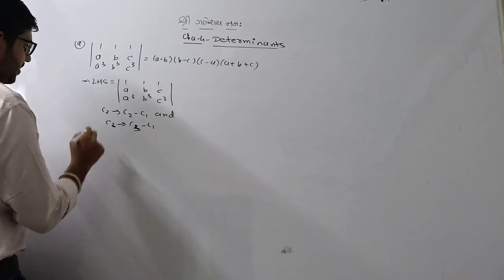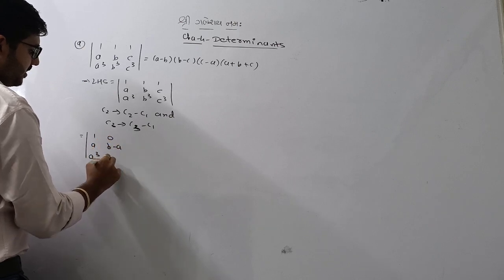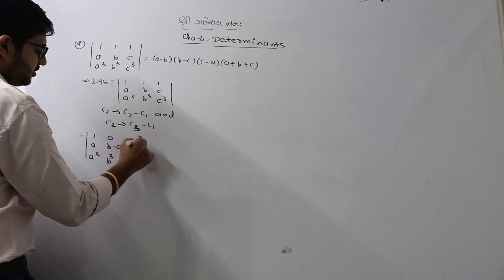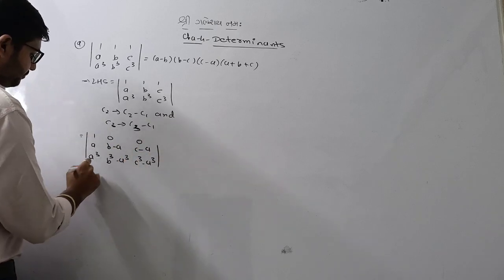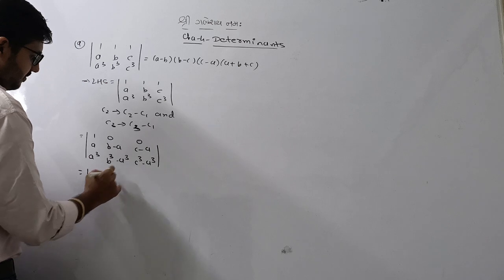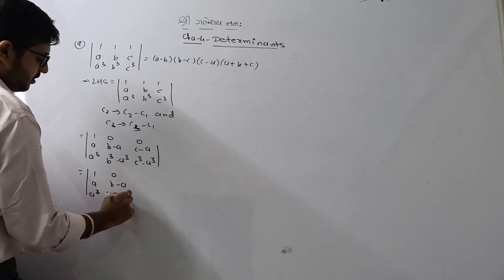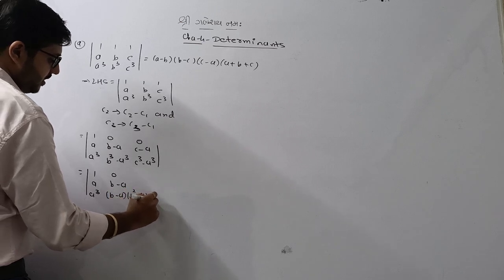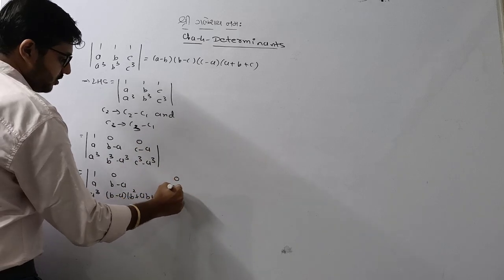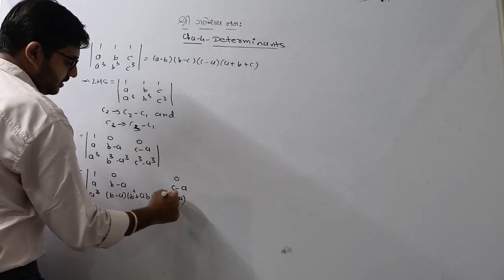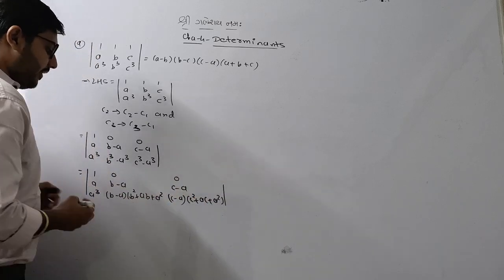By using this property, we'll get 1 a cube, 0, b minus a, b cube minus a cube, 0, c minus a, c cube minus a cube. Now let's give simplification inside the determinant only. This will become b minus a into b square plus ab plus a square, and in the third column it's 0, c minus a, c minus a into c square plus ac plus a square.